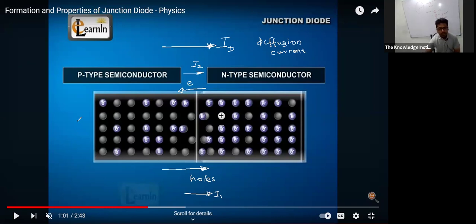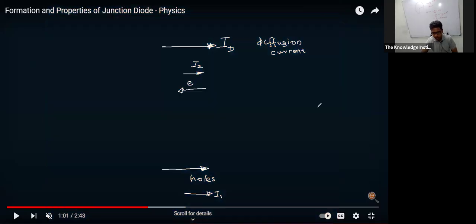Did you understand what is diffusion current? Drop a message yes in the chat box, please, because this is very important. Yes, the diffusion current means the resultant current.